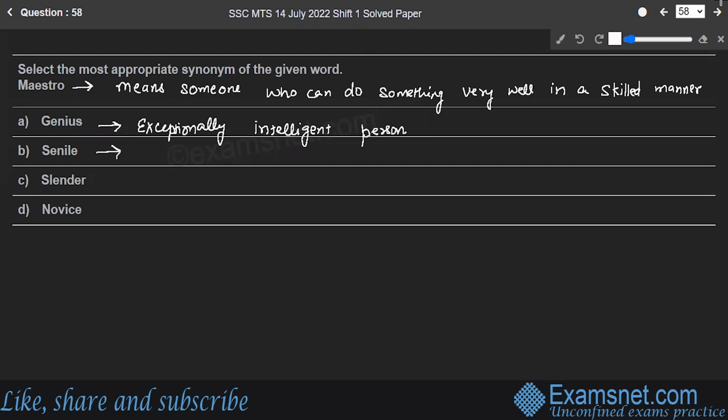The next word, senile, means showing poor mental ability due to age. Then is the word slender, which means thin and delicate, often in a way which is attractive.